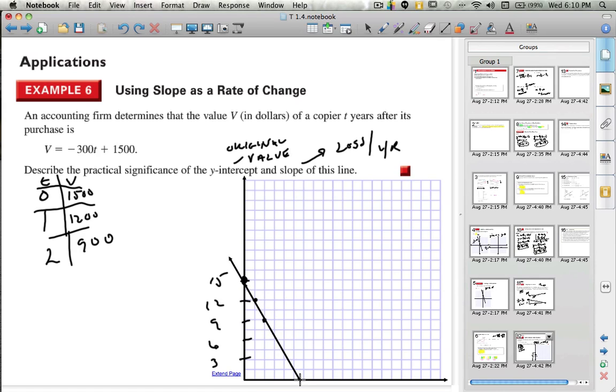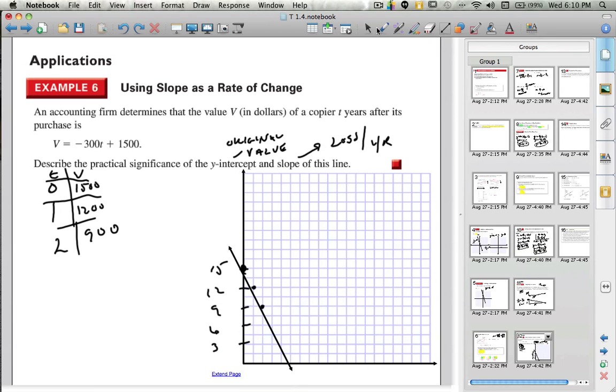And you could see that eventually it would have no value. Okay, so when we get to this particular year, 1, 2, 3, 4, 5, after losing $300 a year, it has no value.